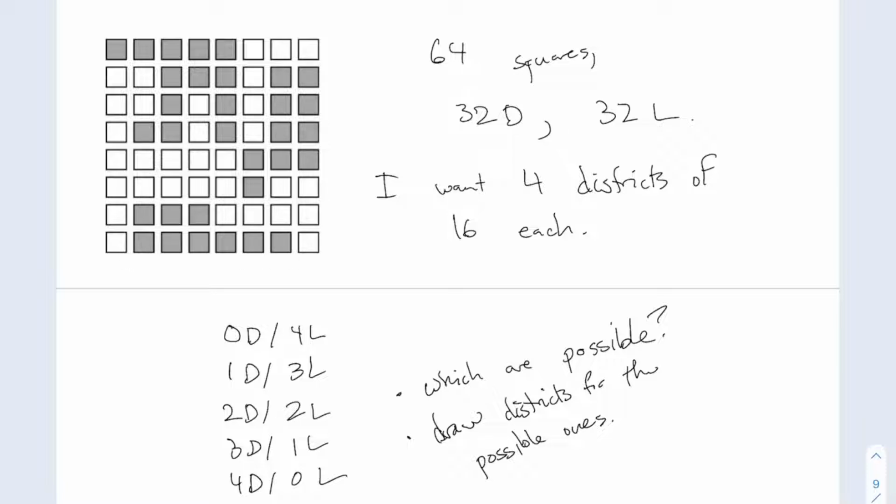So, for instance, like the first alternative, is it possible for the L's to win all 4 of them? How many votes would you need? You need 9 to win each. Right. That's 36. That's not possible. But the next one, I think is possible. That is 27. That one should be possible.